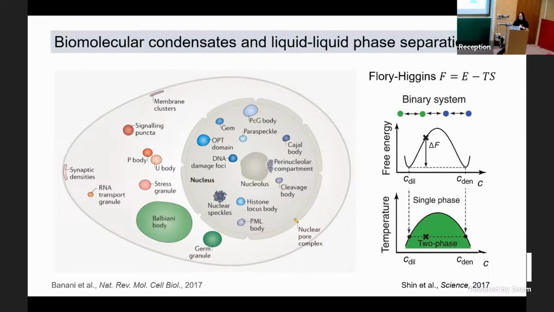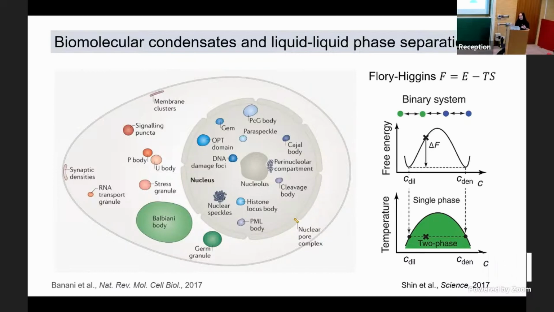As you lower the temperature or increase the binding strength between the molecules, at a certain point the energy starts to matter. At this point, the system prefers to phase separate into two regimes, the dense phase and the dilute phase. In the dilute phase you have high entropy, and in the dense phase you have low energy, which makes you happy in both phases.